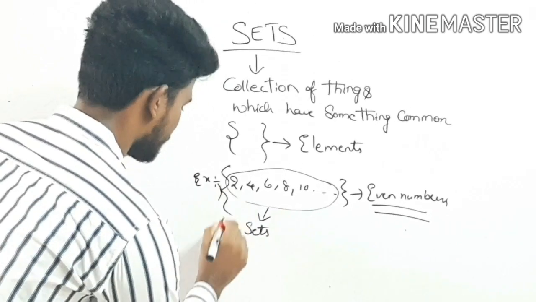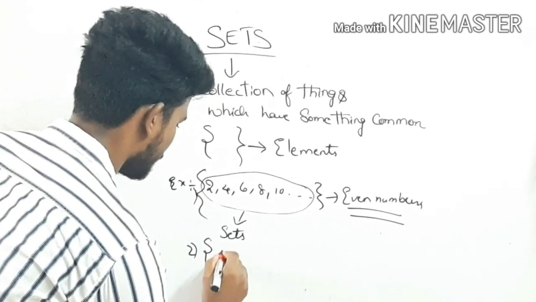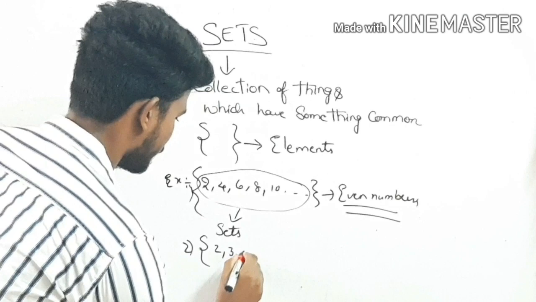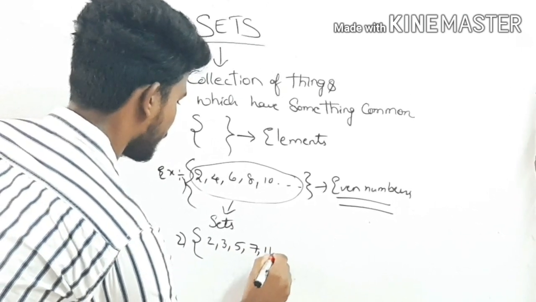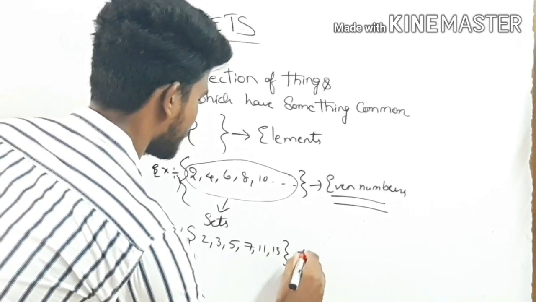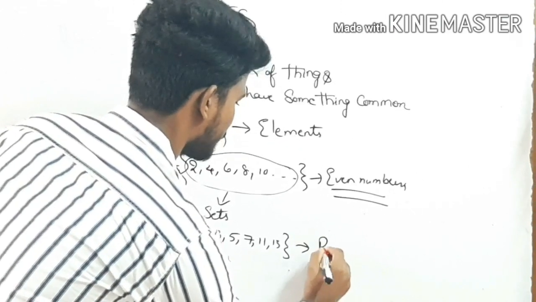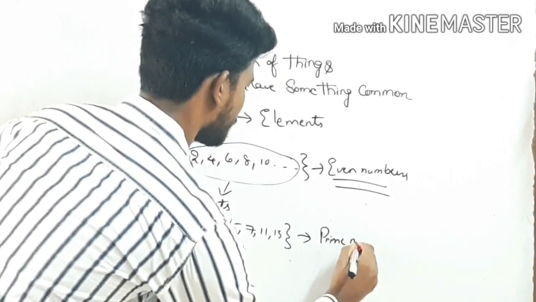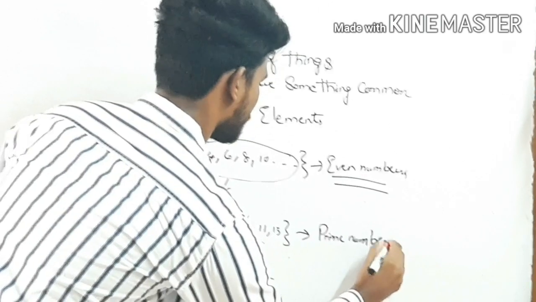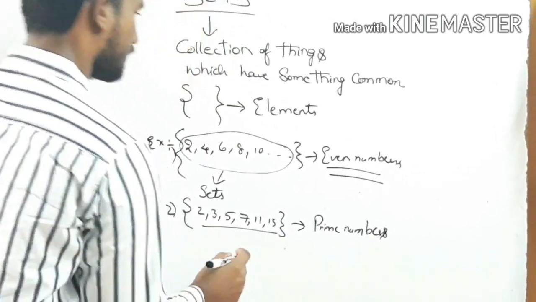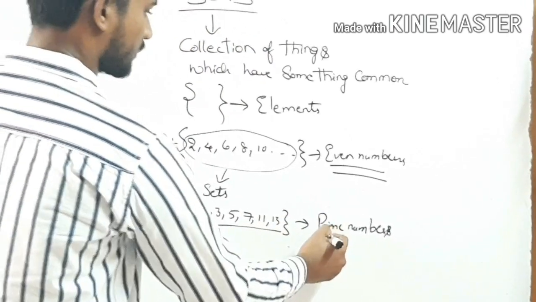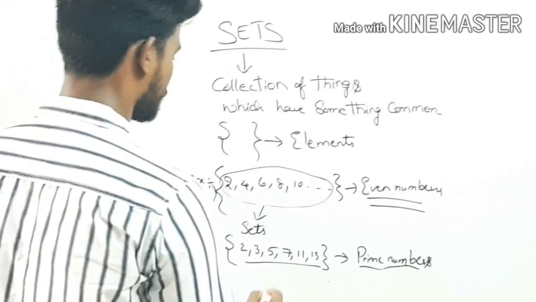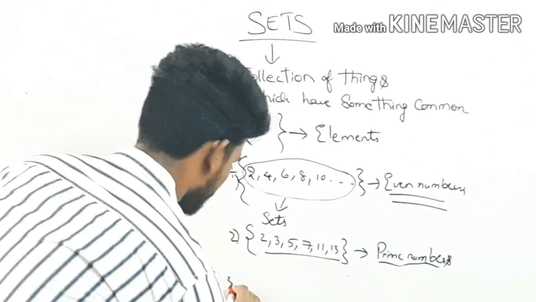And also the next example, we can take 2, 3, 5, 7, 11, 13, and these are the prime numbers. They have a common thing as prime numbers.